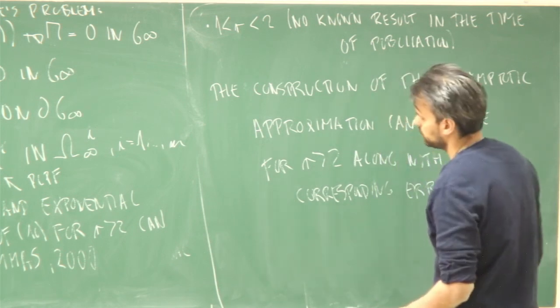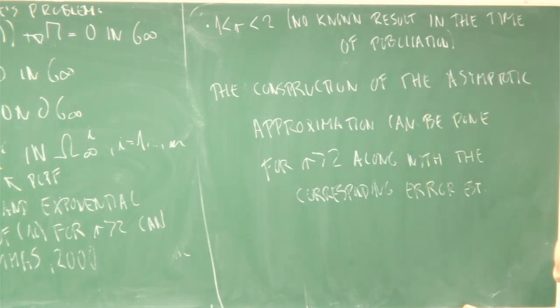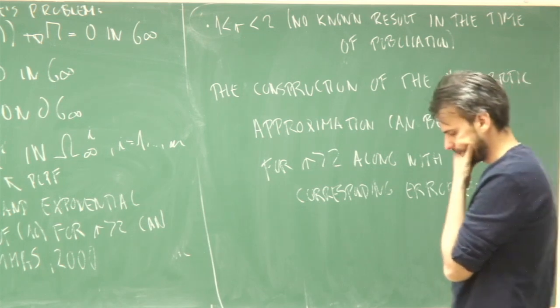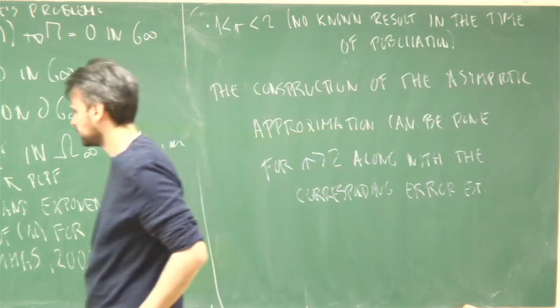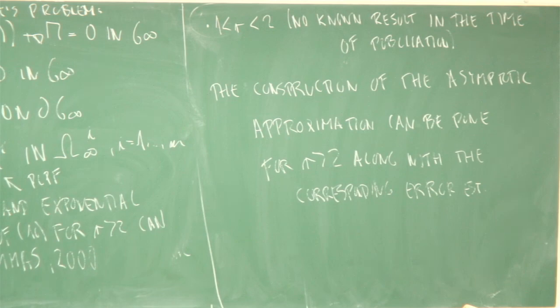So this is not so hard. You can check in the paper if you want to know more. So this is basically an overview of the papers I wanted to talk about.